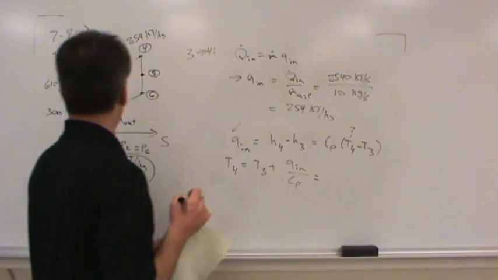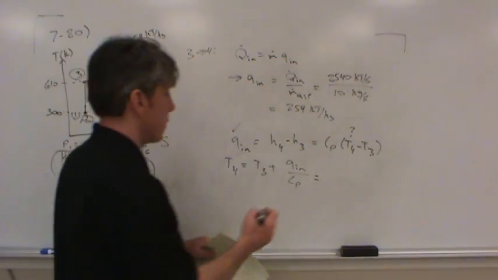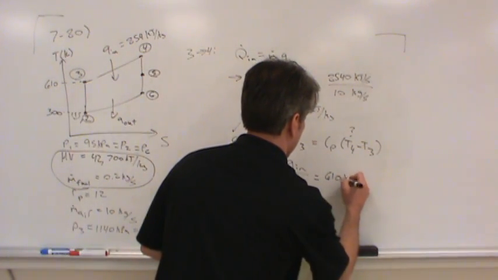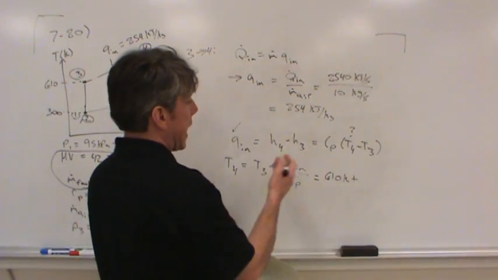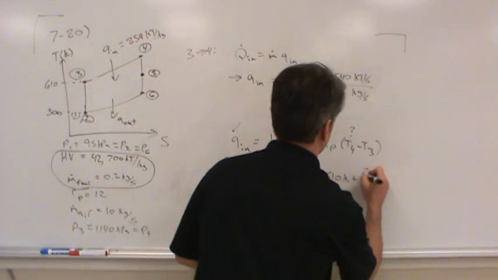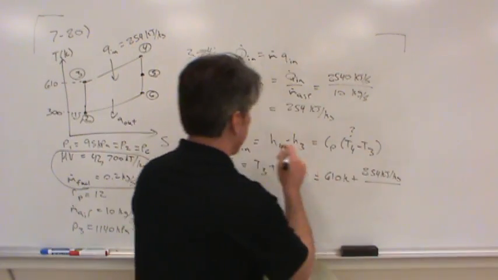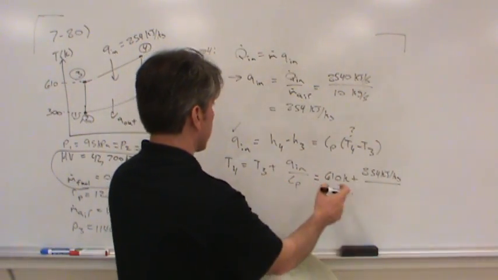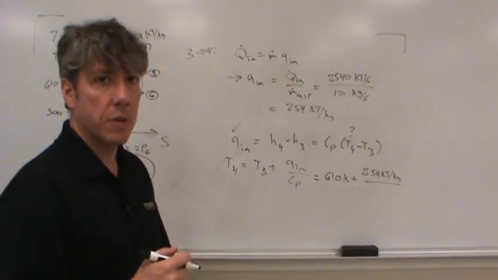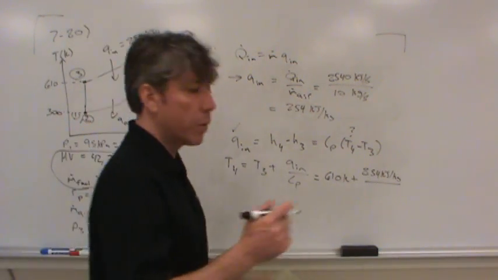Okay. So the temperature at state 3 was 610 Kelvin. The amount of heat added per kilogram of air is 854 kilojoules per kilogram. And the heat capacity of the air. Anyone remember the heat capacity of air from the last problem? 1.005.